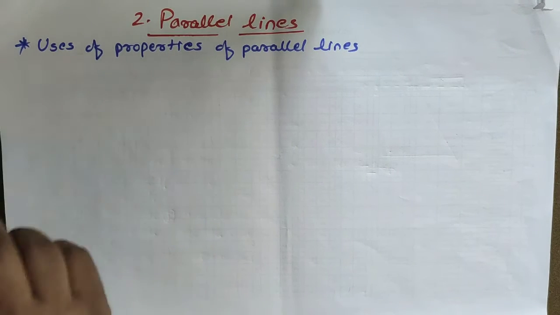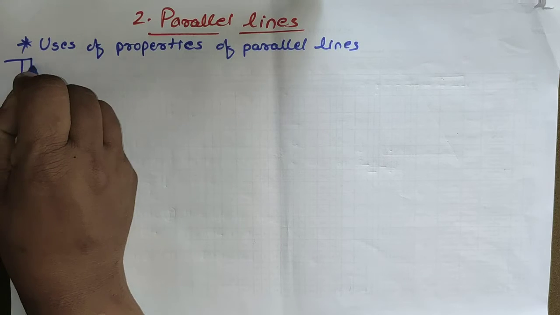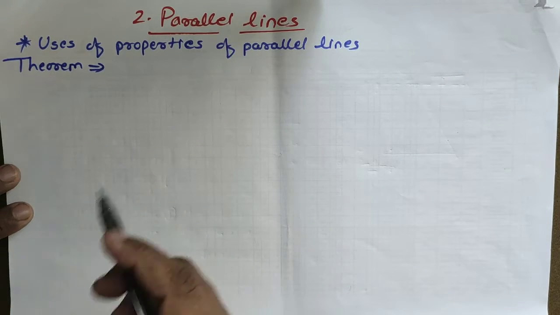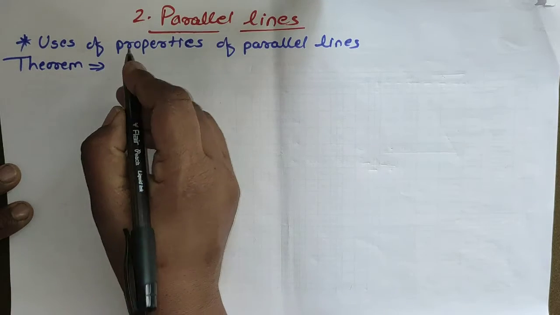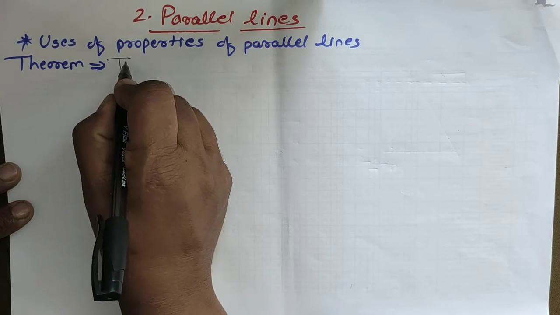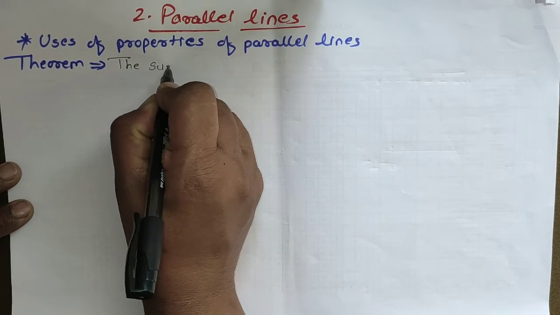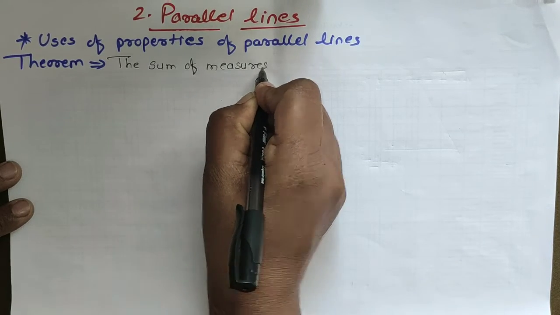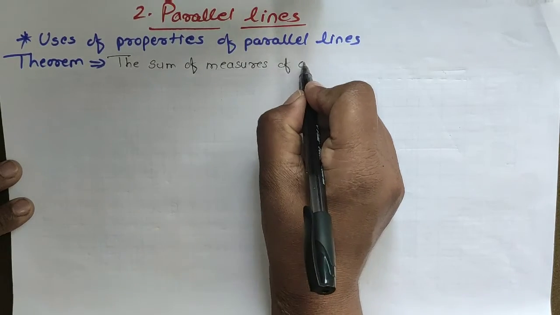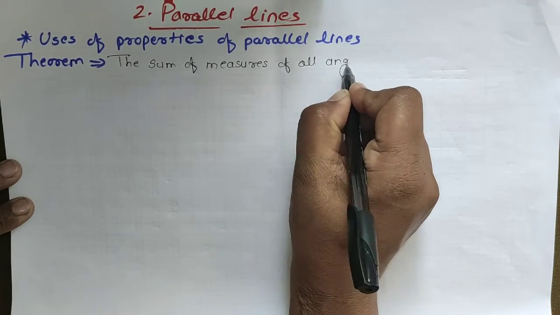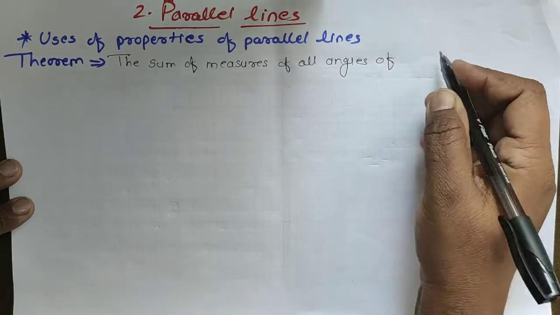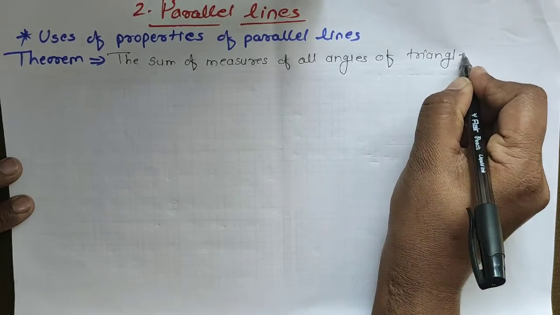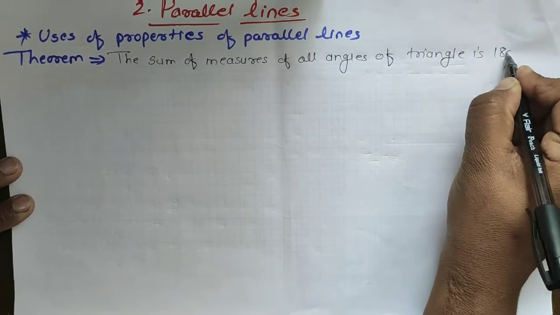The sum of measures of all angles of a triangle is 180 degrees.